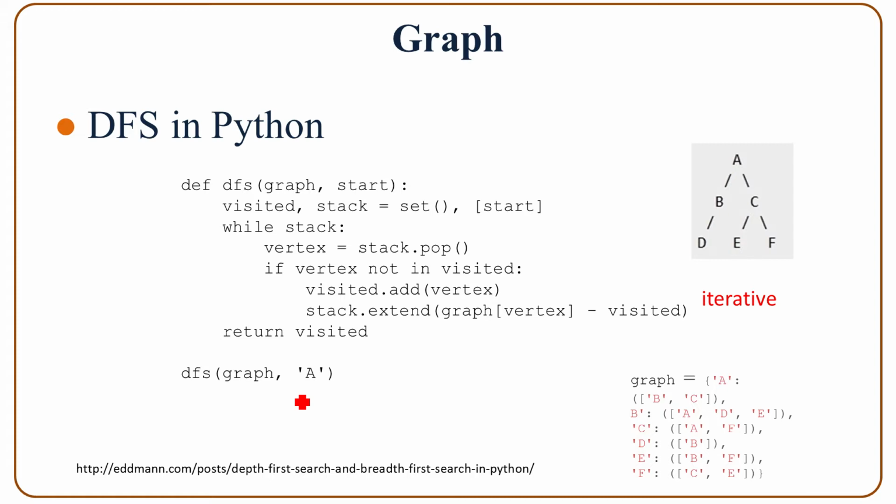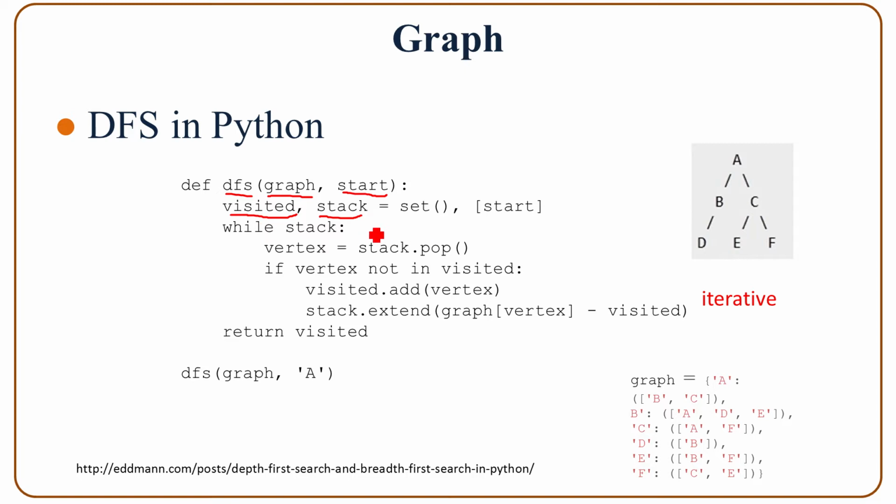So let's see how DFS is implemented in Python. Here we have a method, namely DFS, with two arguments or two parameters, graph and start. And in the method, we have two variables, visited and stacked.